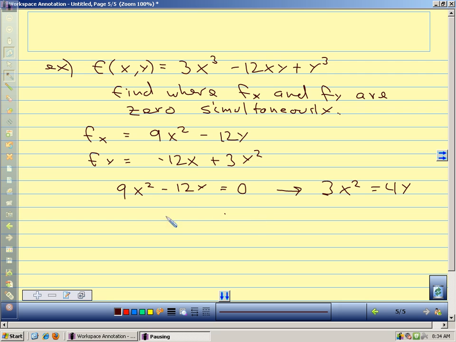And the second one gives me, I'm sorry, 12x equals 3y squared, if I set the partial with respect to y equal to 0. This is the one that gives me x equals y squared over 4.